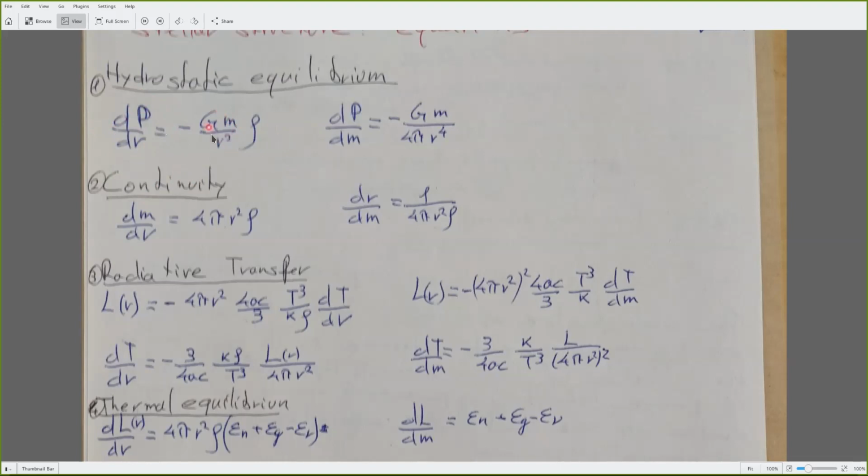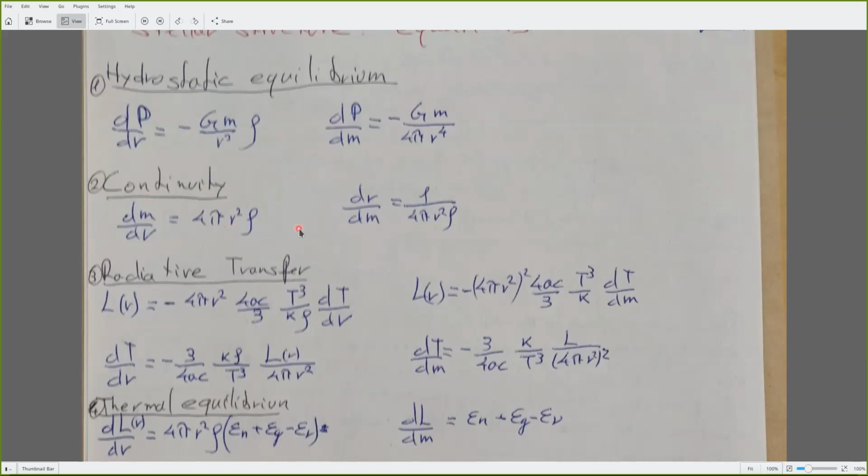And here you have an acceleration. If you multiply by mass, you have a force. If you divide it by a volume, you have a density. So given this one and this one, you have to multiply by the density to have the same unit of measurement. This is, I think, a quick, safe way to remember. And don't forget the minus, because the pressure is highest in the center and considered 0 on the surface.